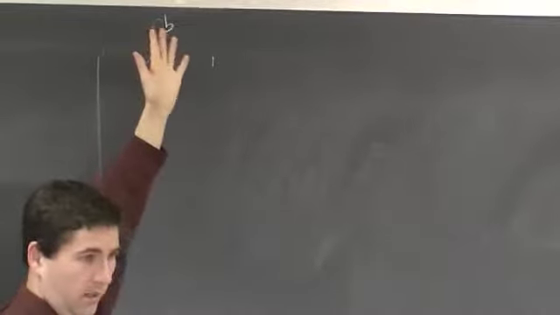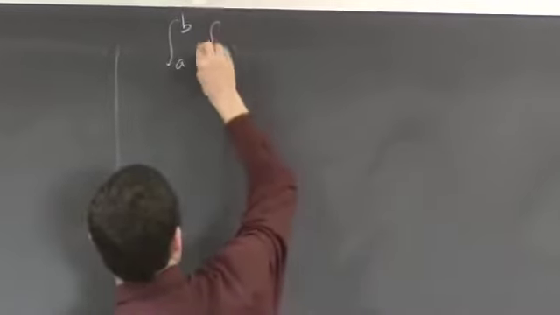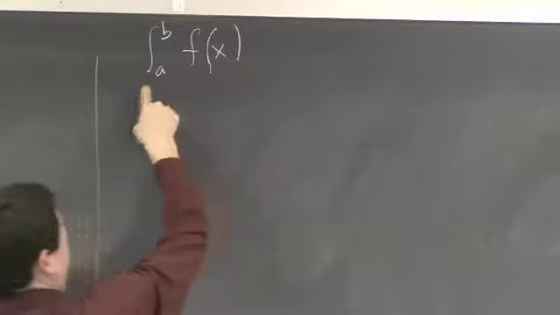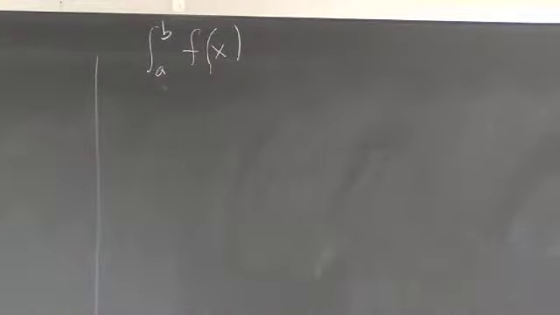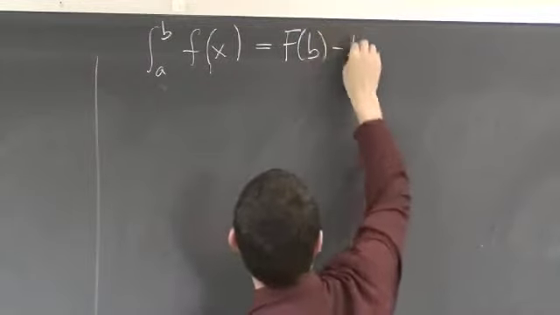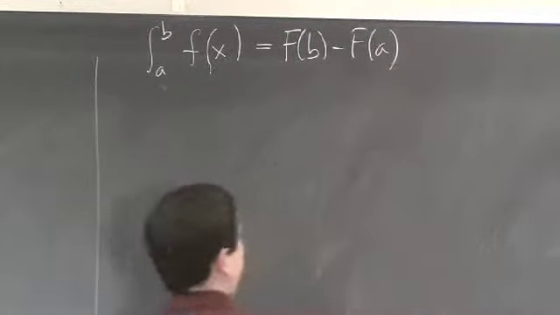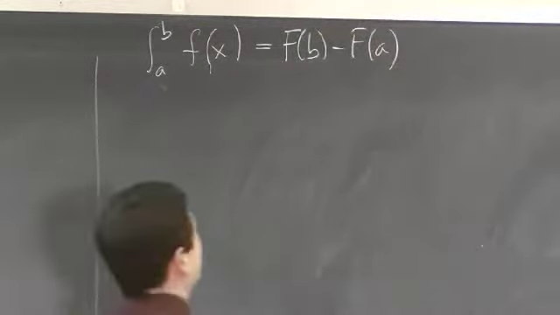This is how it's normally done. I only do this to motivate notation later on. But for now, we're going to switch over to this notation. And, of course, it still says this integral is equal to F of b minus F of a. But there's another bit of notation for this.